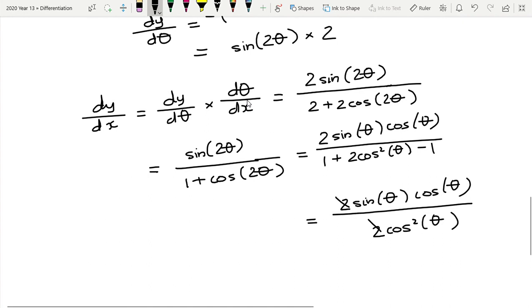I divide the top and the bottom by cos theta, so cos theta is gone. Boom. I'm left with sine theta over cos theta, which is exactly what we want. It's actually tan theta. And well, guys, it's game over here.